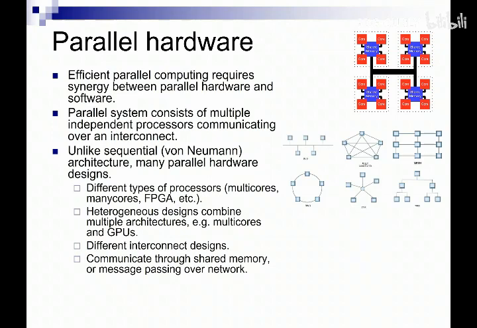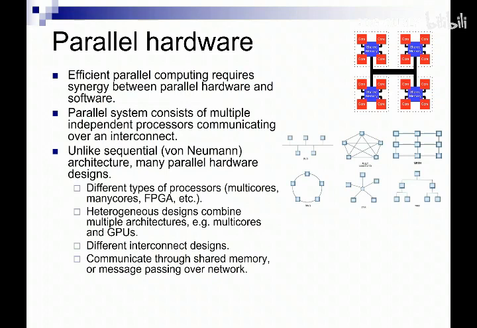Another way in which different parallel computers can differ is the way that their interconnects are designed. There are many possible interconnect architectures, and here I'm just showing a few of them. We have the bus architecture, which is one of the most basic architectures. We have a ring architecture, which is like a bus with one additional edge.